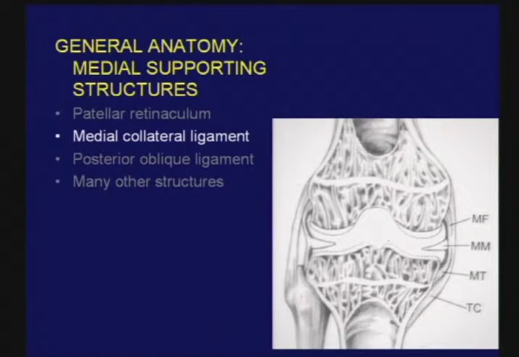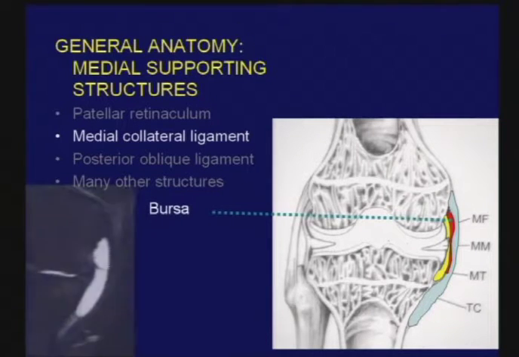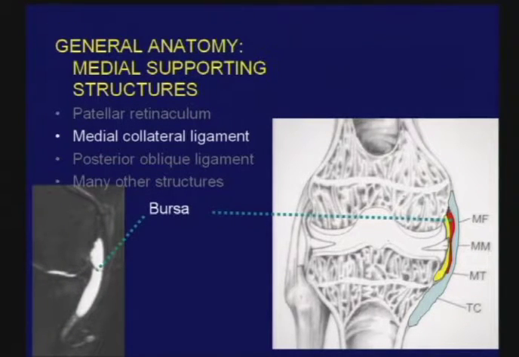Let's use this diagram to briefly introduce you to the terminology that we use to describe this side of the joint. All of the supporting structures on the medial side are called the medial collateral ligamentous complex, and there are a number of them. One of the major structures that we see, shown in blue, is the tibial collateral ligament, which is the superficial part of the medial collateral ligamentous complex.